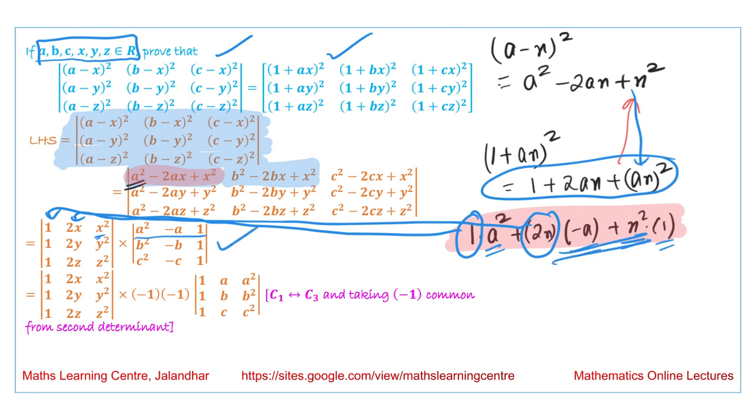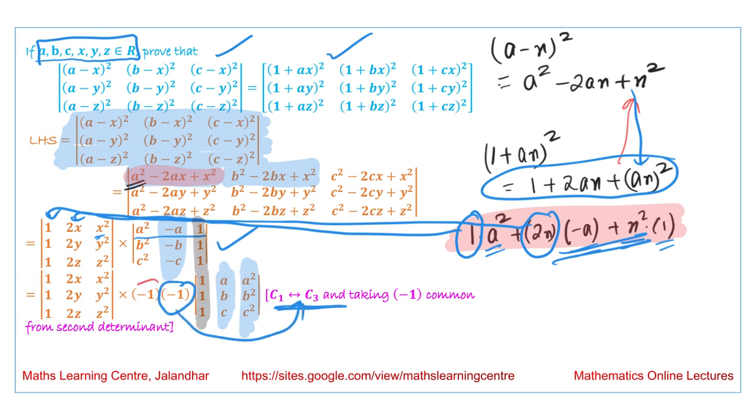Now the next step, we have rearranged the columns. Column 3 has reached column 1, and in the second column, minus 2ab is there, and this a square, b square, c square. So we have interchanged the columns c1 and c3, so one minus sign is there because of this.